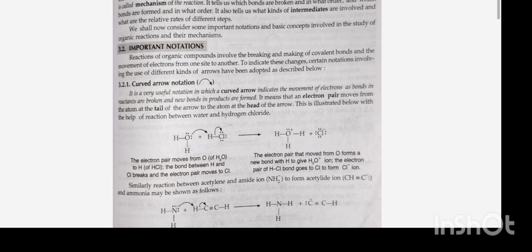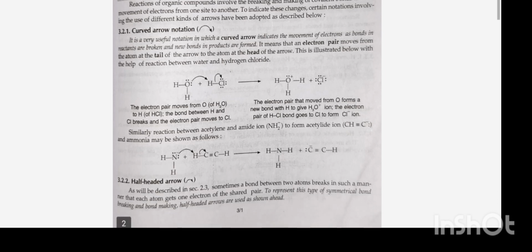It means that an electron pair moves from the atom at the tail of an arrow to the atom at the head of the arrow. This is illustrated below with the help of a reaction between water and hydrogen chloride. The electron pair moves from O of H2O to H of HCl. The bond between H and Cl breaks and the electron pair moves to Cl.